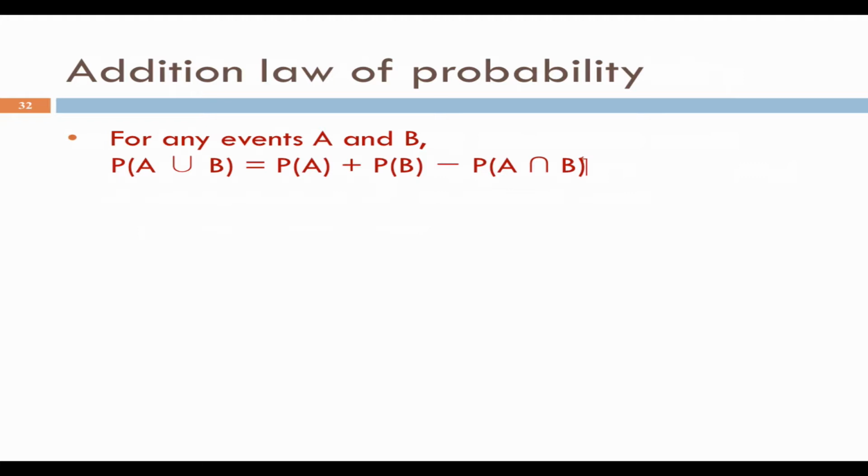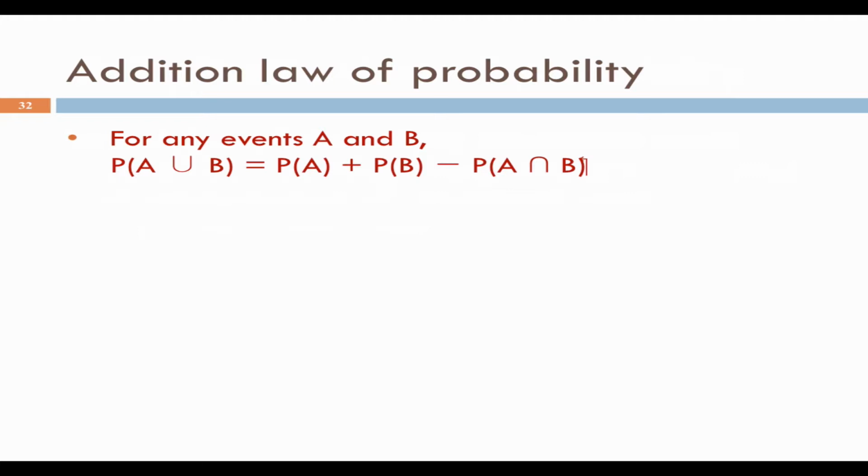It tells you, if you want to estimate the probability of A union B, that equals the probability of A plus the probability of B, subtract the probability of their intersection. And from that Venn diagram, it's probably the easiest way to understand this law.